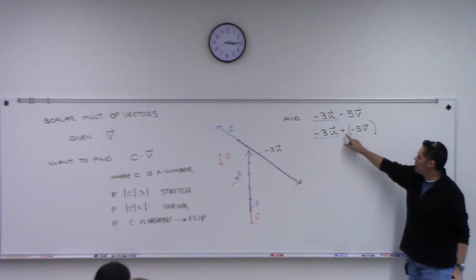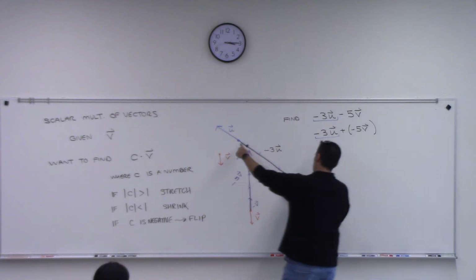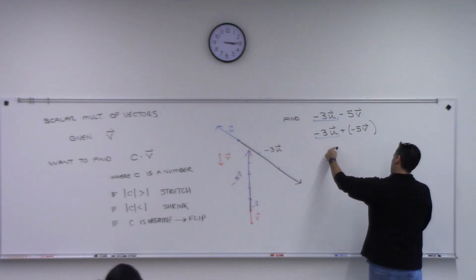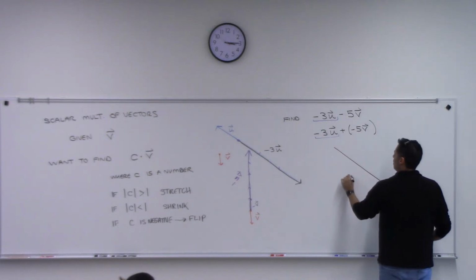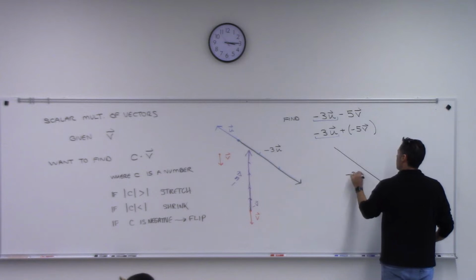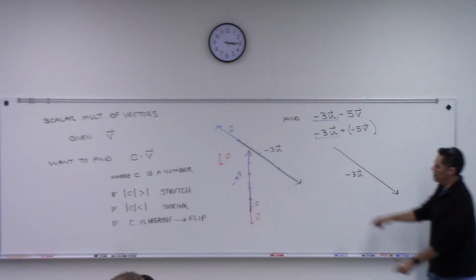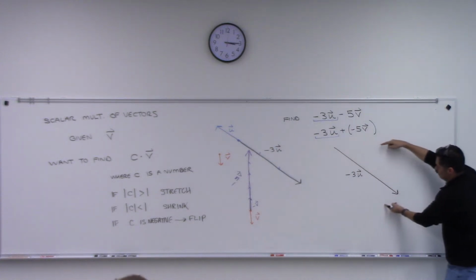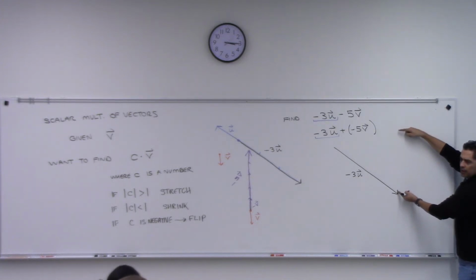And I want to add those two together, right? So I start with this one. Let me just move this over here like this. Okay. Right there. That is negative 3u, right? That's negative 3u right there. And then I'm going to take this vector here. There, right?